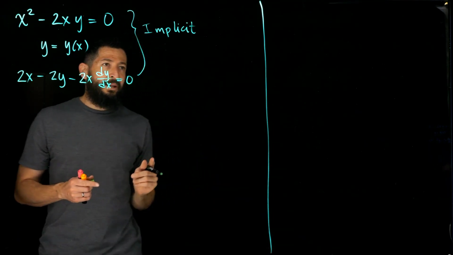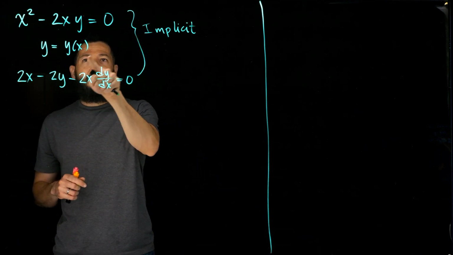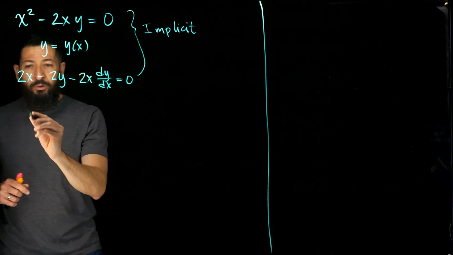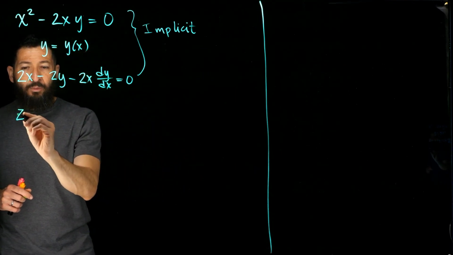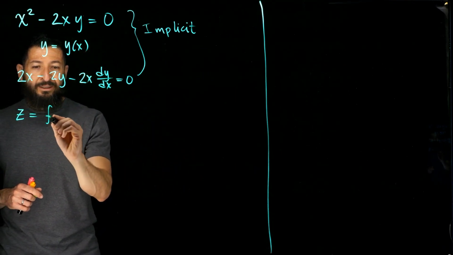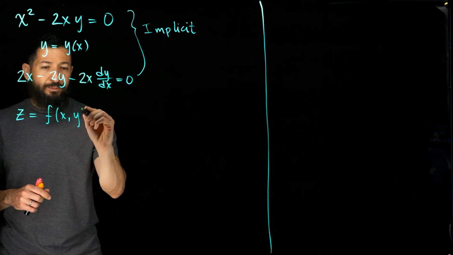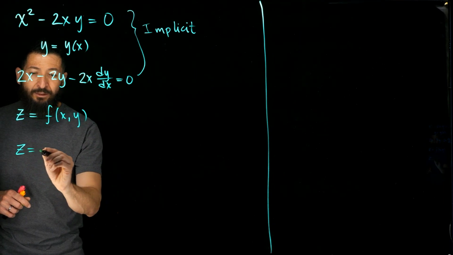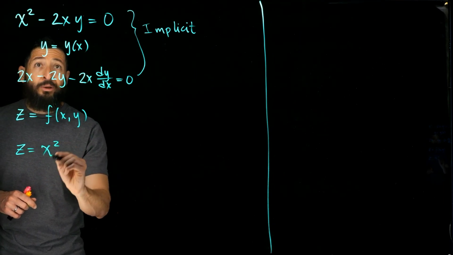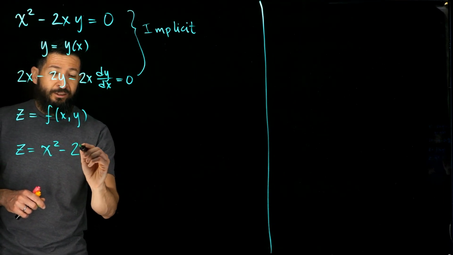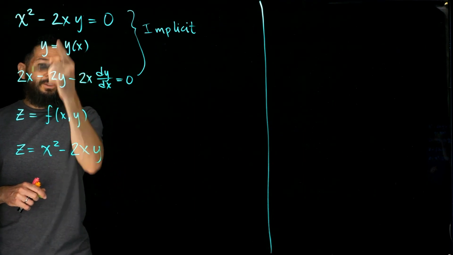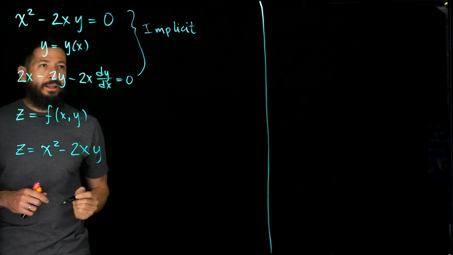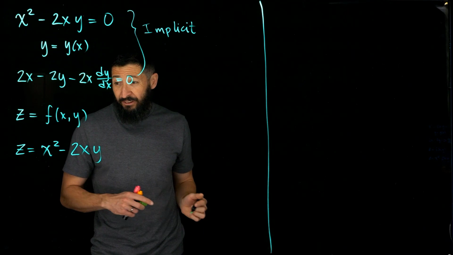But that was the key back then. We were assuming that y was a function of x. What we're doing now is we're saying that x and y are both independent variables. And when you take the derivative, say you write z equal to x squared minus 2xy, the same function on the left hand side here and on the right hand side here.